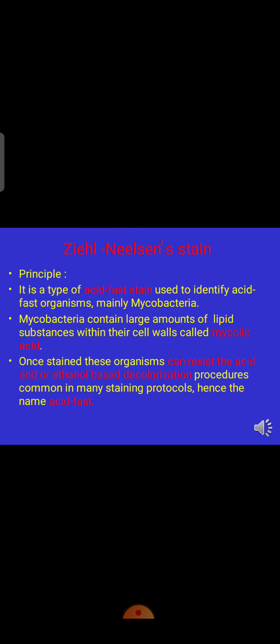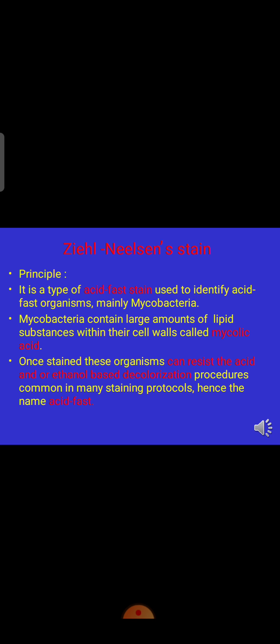Ziehl-Neelsen stain, the principle. The Ziehl-Neelsen staining technique is a type of acid-fast stain used to identify acid-fast organisms, mainly the Mycobacteria. Mycobacteria contain a large amount of lipid substance within their cell wall called mycolic acid.